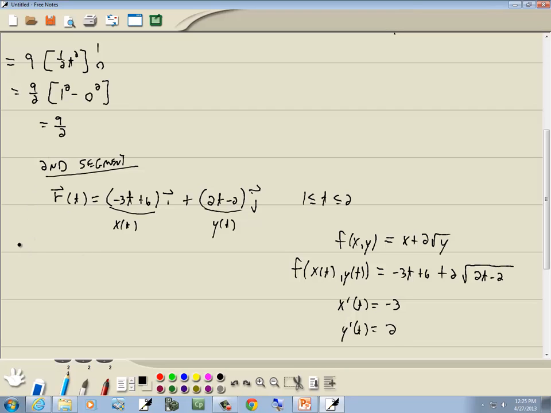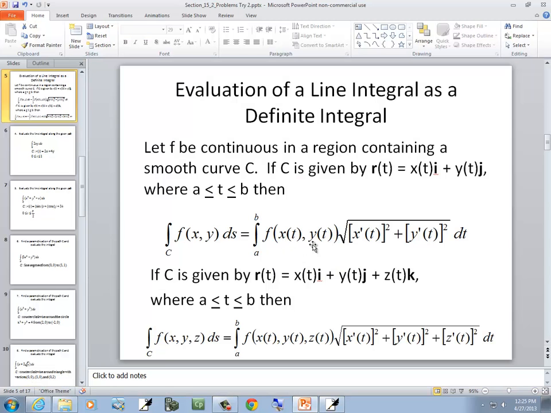Okay, so now, let's see, the integral of x plus 2 square root of y ds. We can now rewrite this from 1 to 2, and then we put our function in.